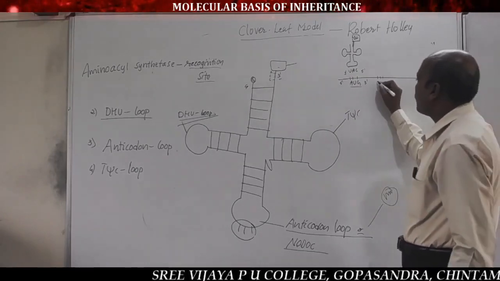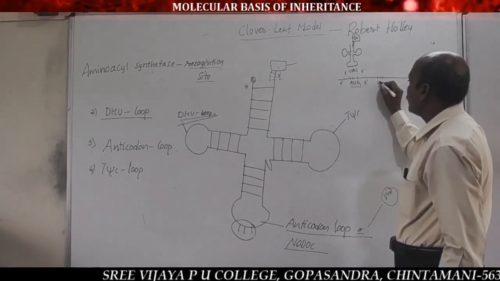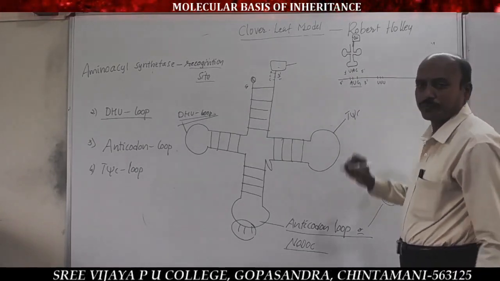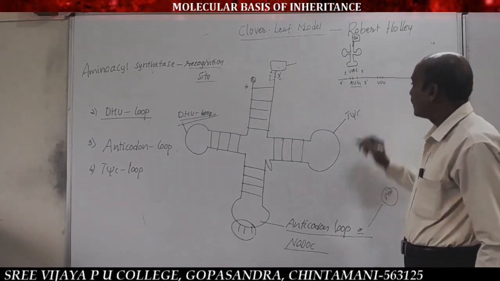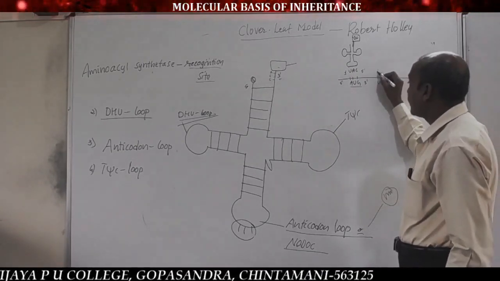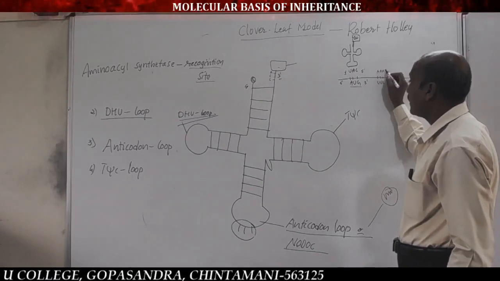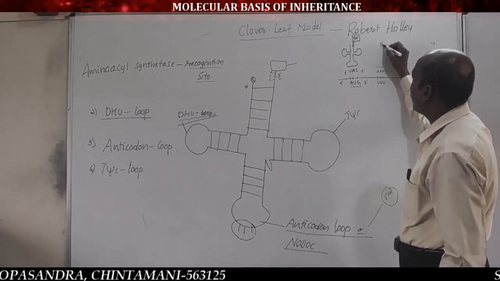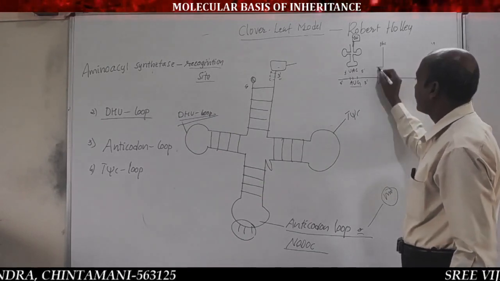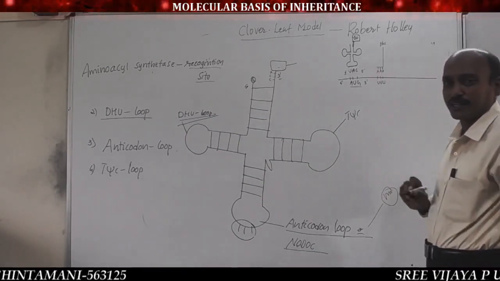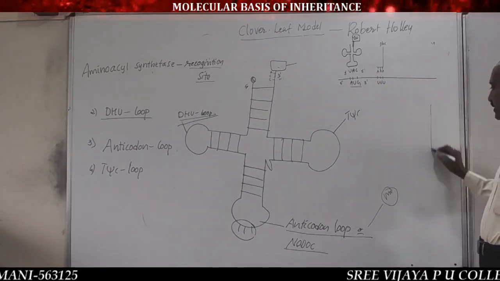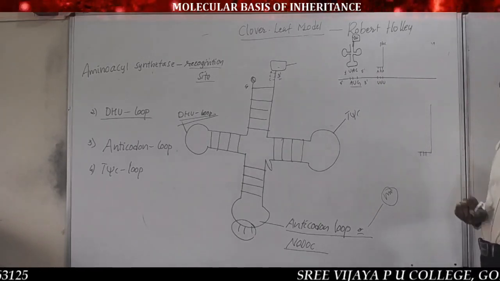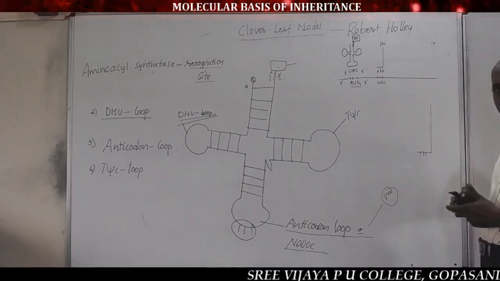While if the mRNA contains the UUU triplet codon, the tRNA contains the AAA anticodon, which carries the phenylalanine amino acid. This is the ground plan diagram of tRNA, the clover leaf model of tRNA.